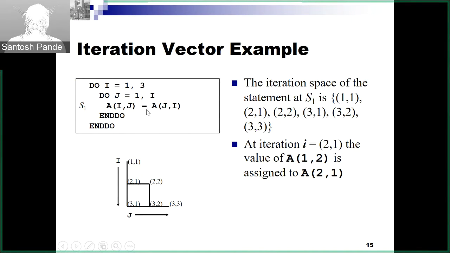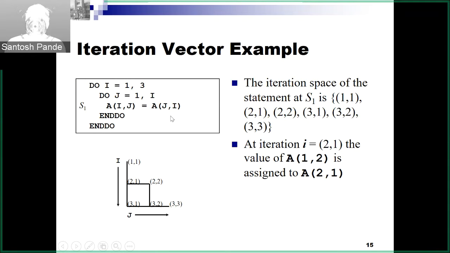In this case, I is equal to 2, so J is allowed to go up to I. So the next iteration vector that will be generated is I equal to 2 and J equal to 2, which is (2, 2). Again, at this point, the inner loop terminates. We go back to the outer loop, and that executes I equal to 3. In this case, the inner loop is entered again at J equal to 1, and goes from 1 to 3, and that completes the inner loop, and that also completes the outer loop.